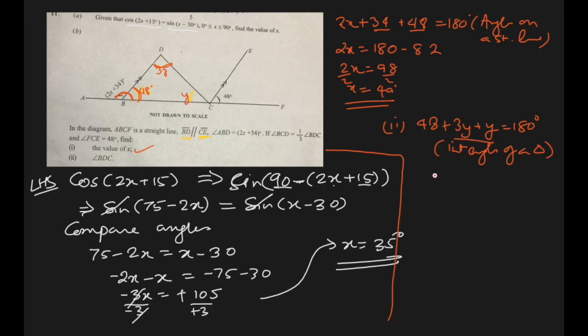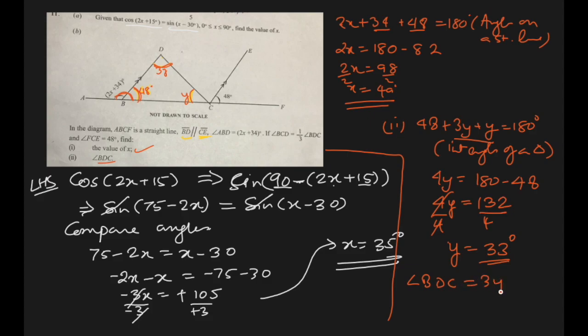Now 3y + y is 4y, and 180 minus 48 is 132. Dividing both sides by 4, y equals 33 degrees. But they asked angle BDC and y is BCD. So angle BDC, which is 3y, will be 3 times 33, which is 99 degrees.